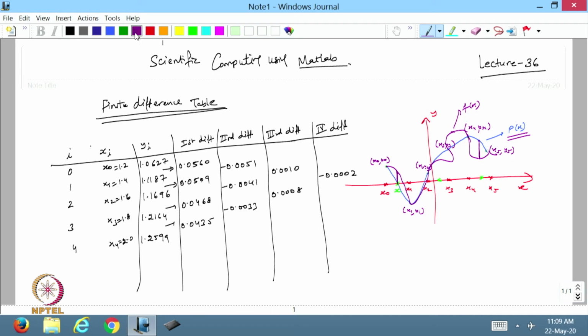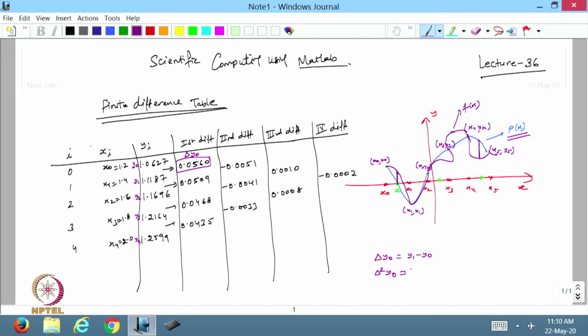this is y0, this is y1, y2, y3 and y4. Now, what about the forward operator of y0? This will be y1 minus y0. So, from here I can say that this is the forward operator of y0. What about the second forward operator of y0?